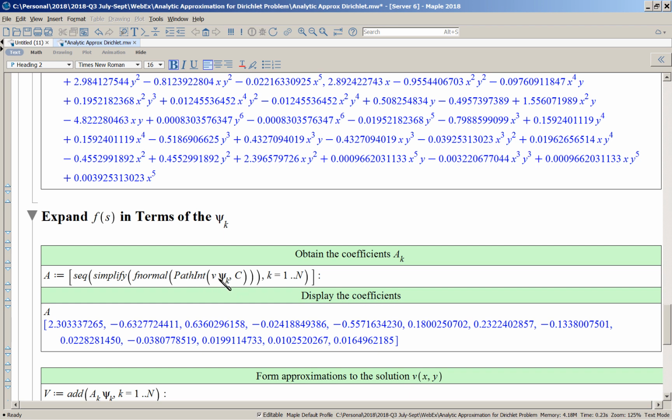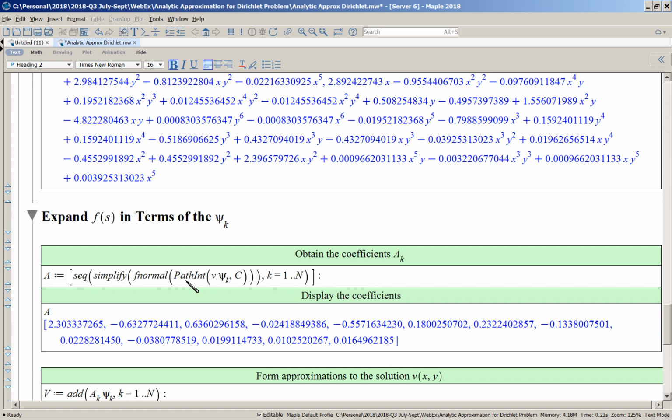Here is the path int command. Notice that you can use the path definition and again the exact solution function, because the path int command will evaluate it on the boundary, so you don't have to go through the trouble of expressing each boundary condition separately.